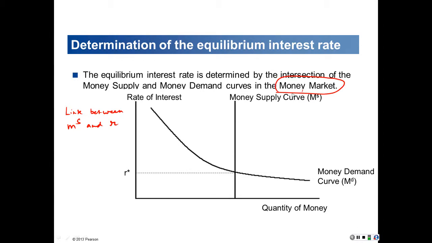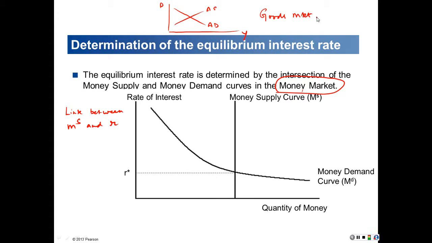The goods market is this one here: AD, AS, real GDP, price level. That's your goods market.